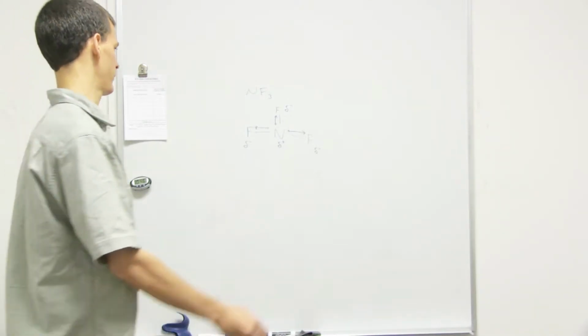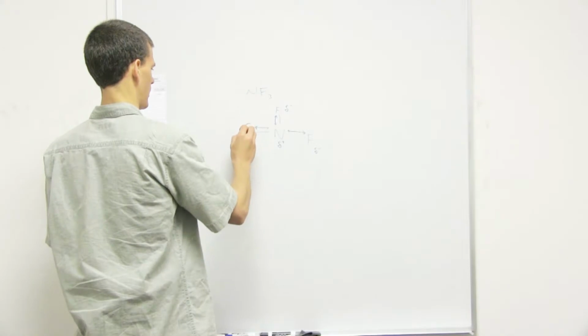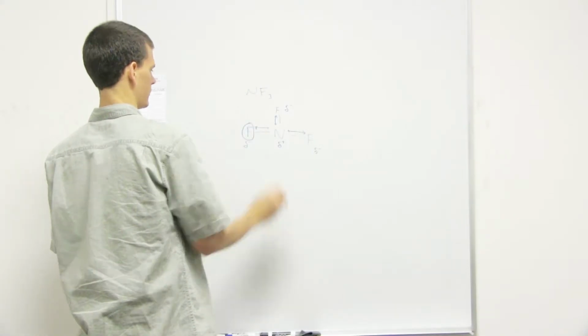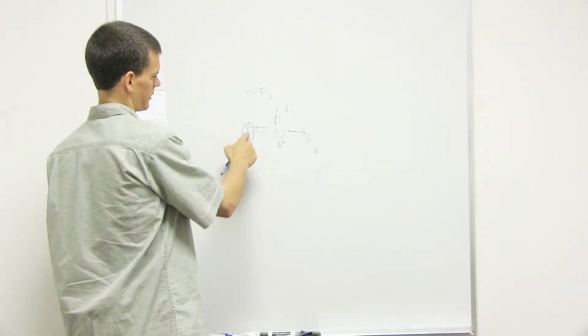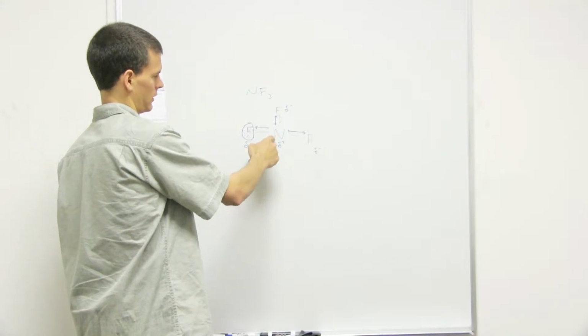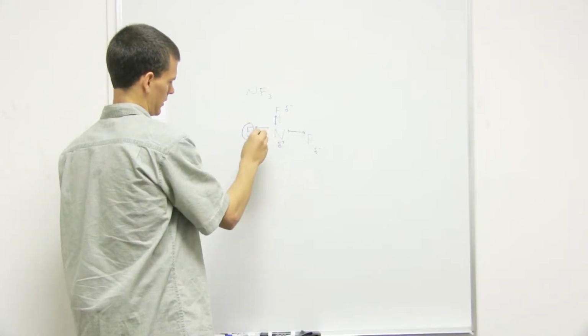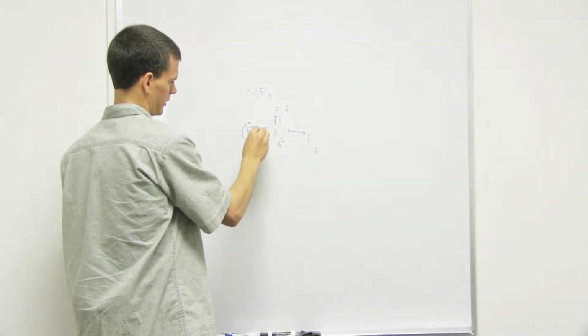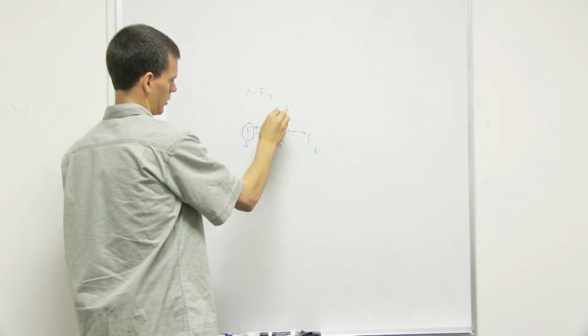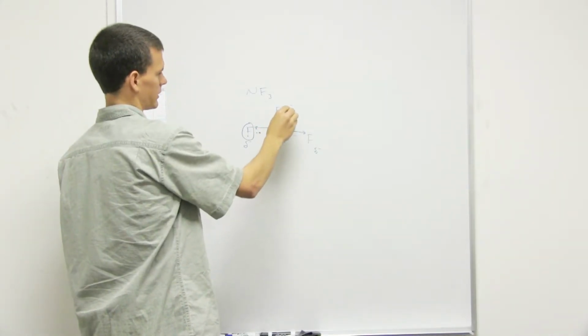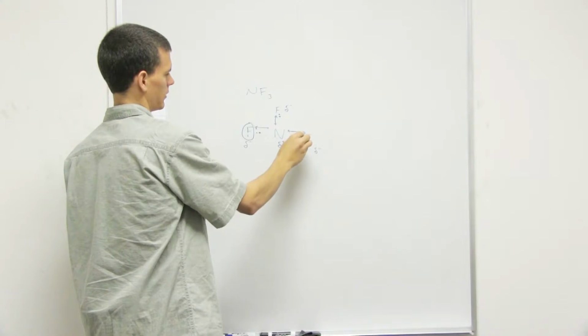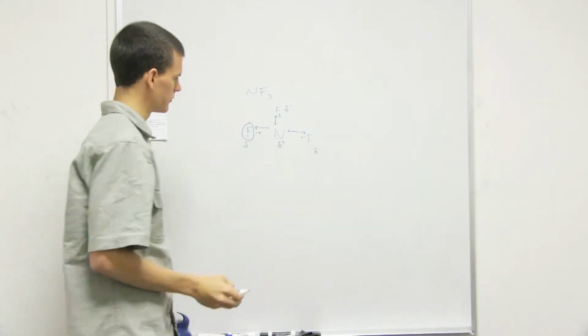I don't know why fluorine's more electronegative, but it just is, and so it wants the electrons more than nitrogen wants them. So these 2 electrons end up spending a little more time over here, same thing over here. So fluorine becomes partially negative with these bonds, and nitrogen is partially positive.